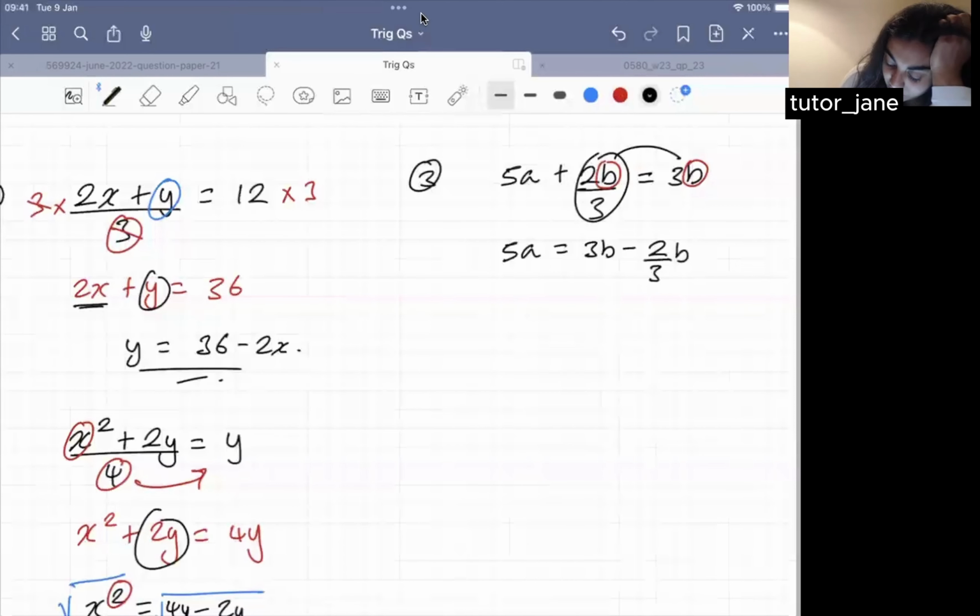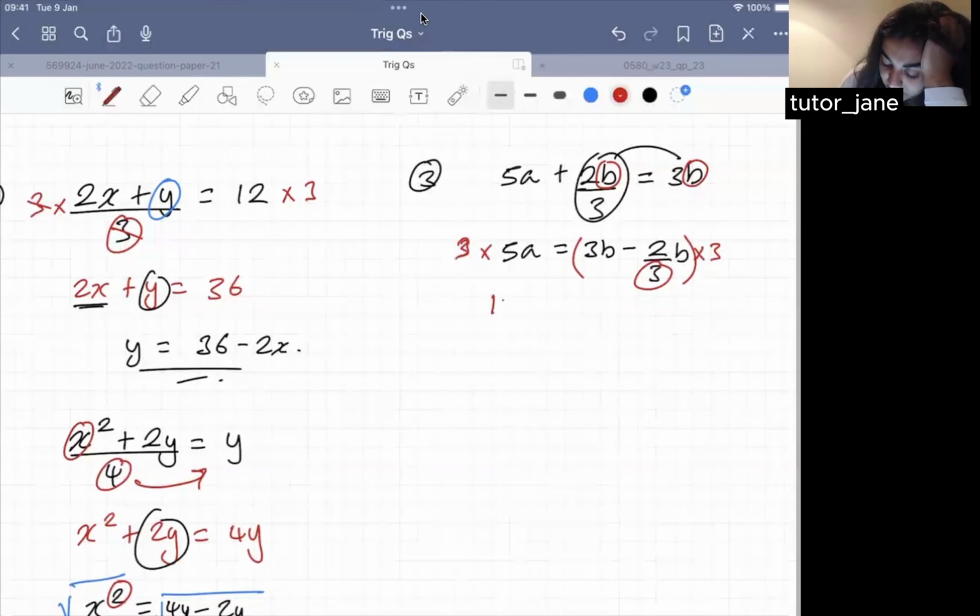So this is 3b minus 2/3 of b. But to make this a bit easier, I'm going to get rid of the bottom half of this fraction by multiplying the entire equation by that bottom half. So this is going to be times by 3, and this is going to be times by 3.